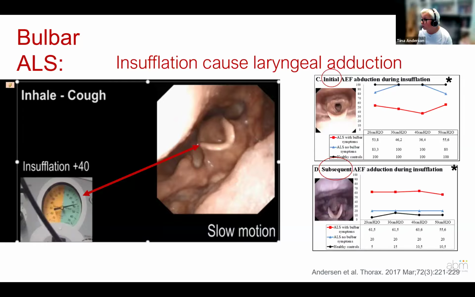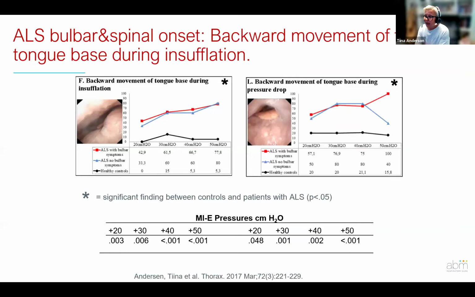So this was the one thing that was very prominent for bulbar ALS patients: laryngeal closure of aryepiglottic folds during insufflation. We also saw that the base of the tongue could go backwards. And this was more prominent if you had ALS compared to healthy volunteers.